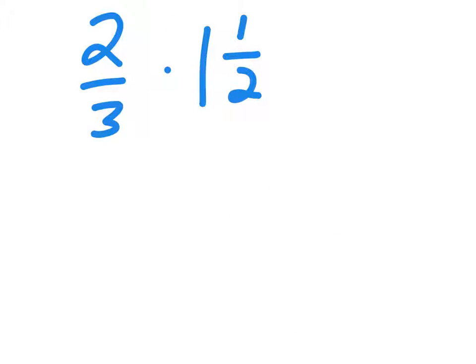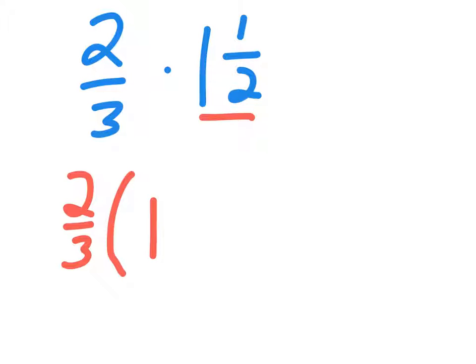Here's another one that we can do. Let's practice on this one using the distributive property. We're going to take 2/3 and we're going to multiply that by 1 1/2, and we're going to set up the distributive property. Break apart the mixed number into 1 plus 1/2.